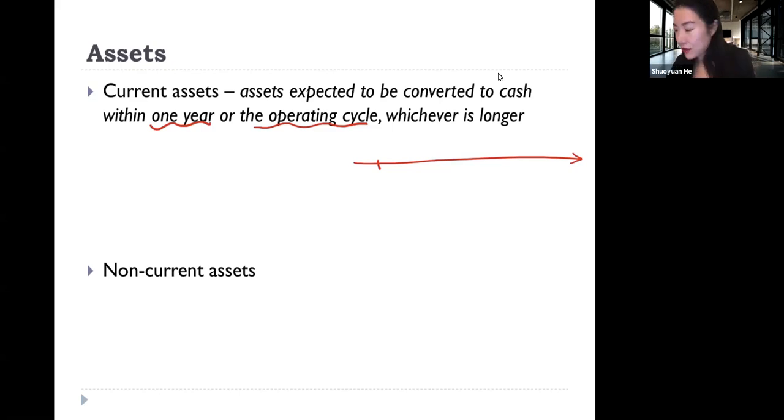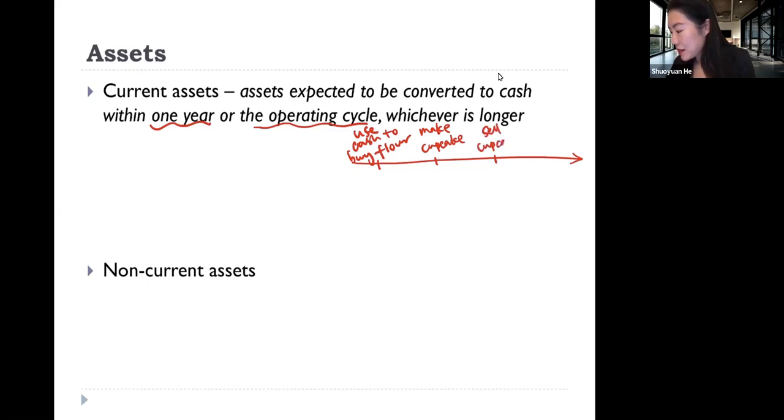That is the first step. And then after I get those raw materials, what else do I need to do? I use those raw materials to make cupcakes. After I have made those cupcakes, I need to sell them.